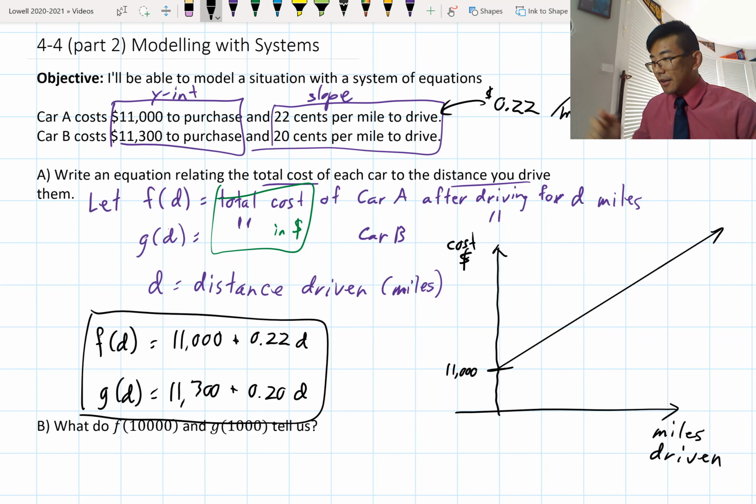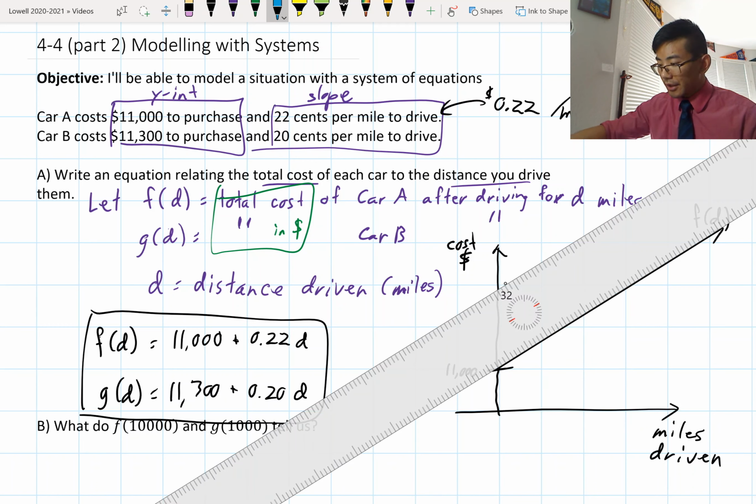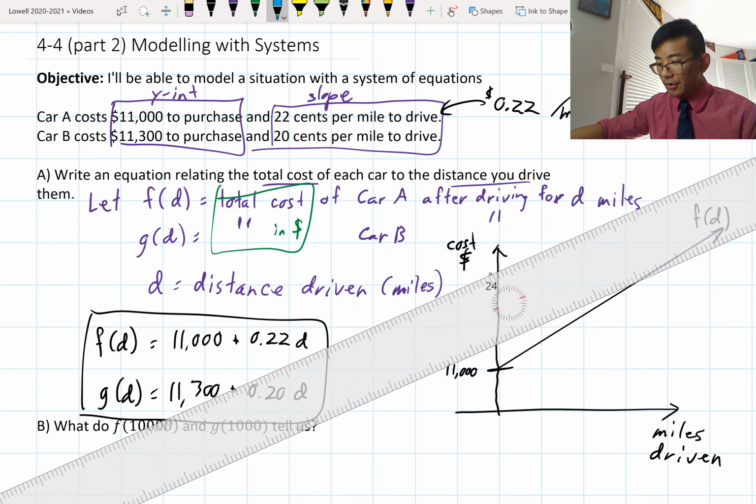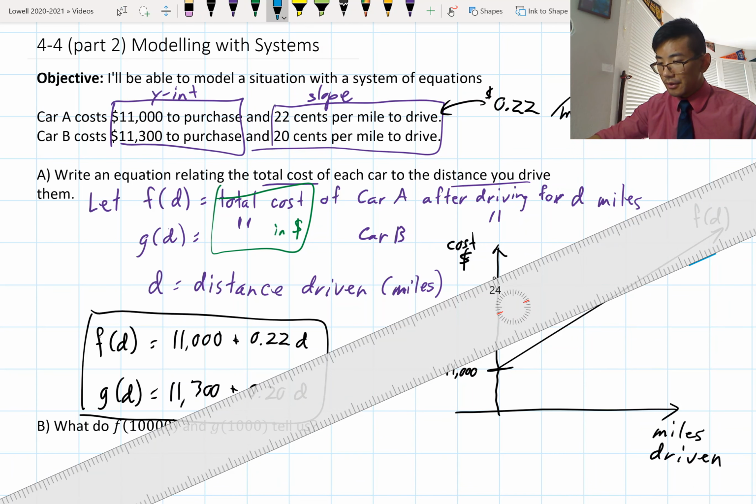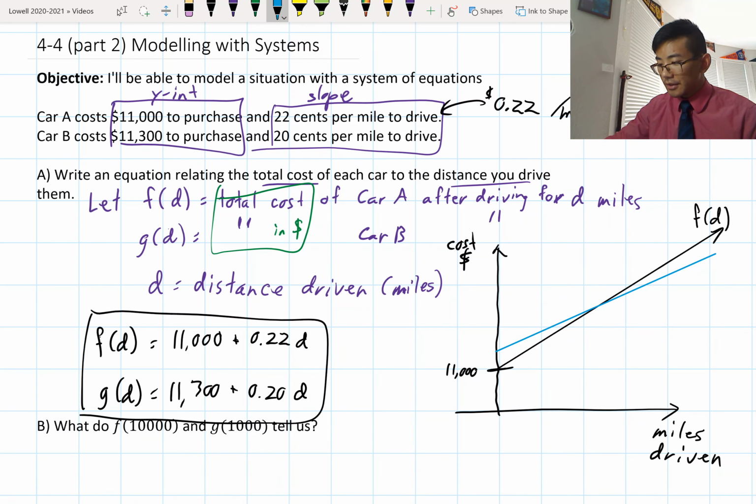Now I'll draw the second line here in blue. This is g of d. The one in blue costs a little bit more, but the per mile cost is cheaper, so its slope is less.